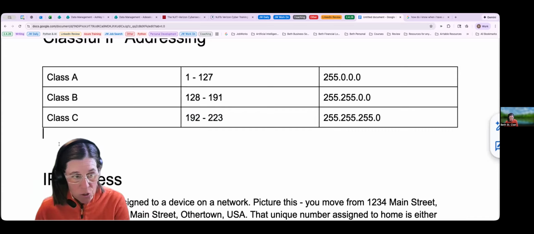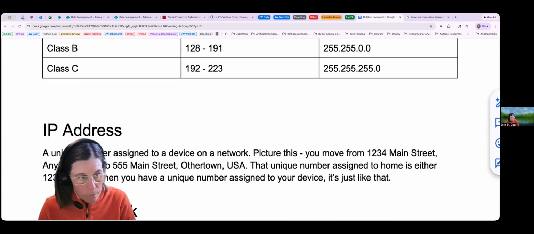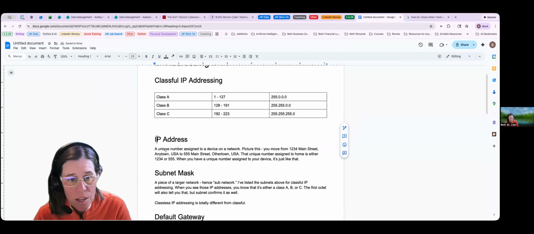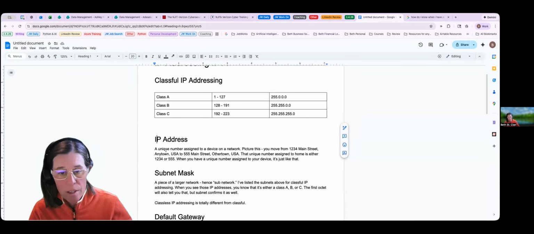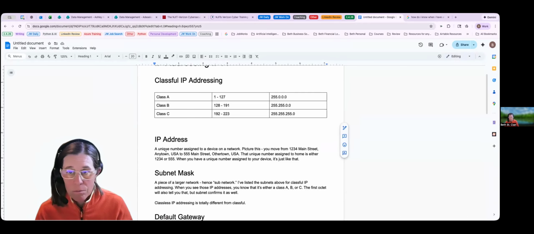So IP addresses, if I can quickly show you, are unique numbers that are assigned to a device, and that device is on a network. So if you can picture this, let's say you used to live at the home address 1234 Main Street, Anytown, USA. And let's say you put that home up for sale and you move to a new location.